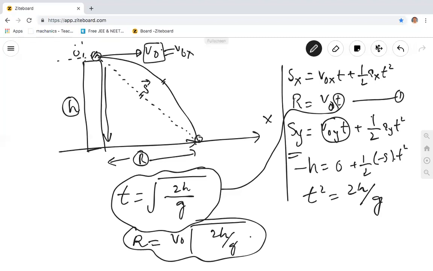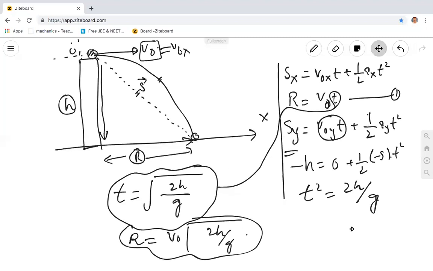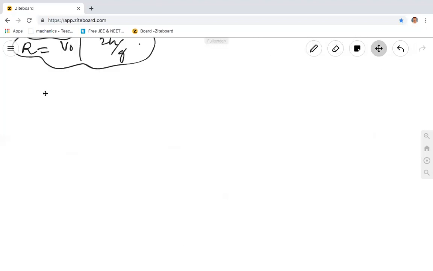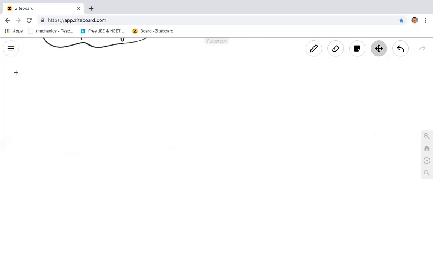Okay. Let me do one. This is an example, and it explains everything. Now, there is a second example in projectile motion.